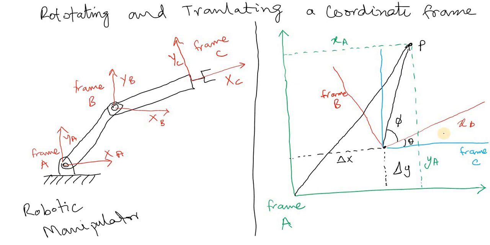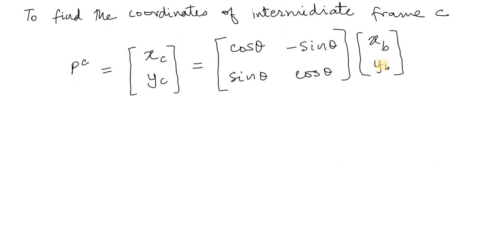And we have this is our rotated frame, which is x b and y b. So what we did, we multiplied x b, y b with our rotation matrix to get the rotated coordinates in your intermediate frame. Okay, and to find the coordinates of intermediate frame, so this is for rotation.